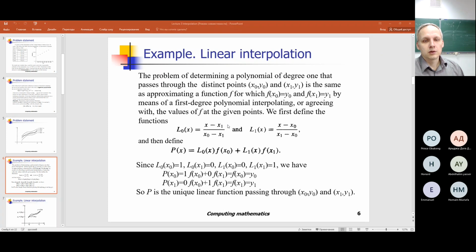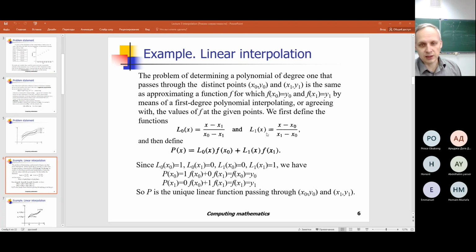First, we write the so-called auxiliary functions L0 of x and L1 of x. You can see that L0 doesn't depend on f of x. It depends only on x0, x1, and x, but x0 and x1 are constants, some fixed numbers.